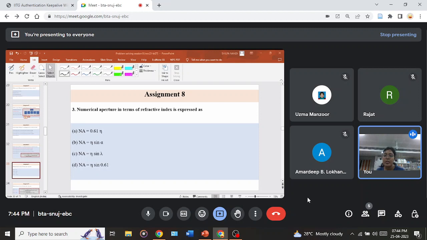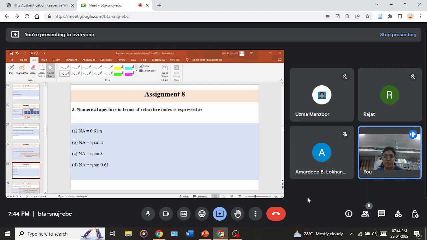Numerical aperture in terms of refractive index is expressed as: A, numerical aperture is equal to 0.61 eta. B, numerical aperture is equal to eta sine alpha. C, numerical aperture is equal to eta sine lambda. And D, numerical aperture is equal to eta sine 0.61.